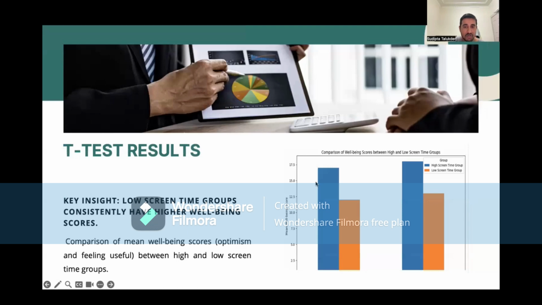Here we also have the t-test result. It indicates that low screen time groups consistently have higher well-being scores, and this suggests that limited screen time could have a positive impact on well-being.